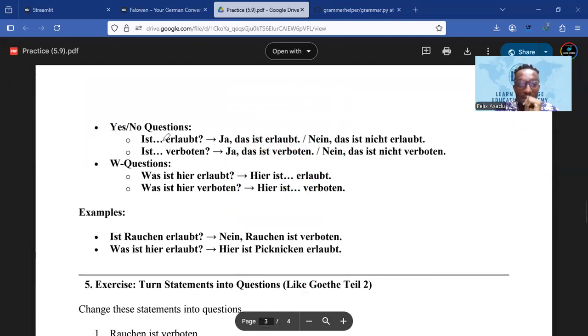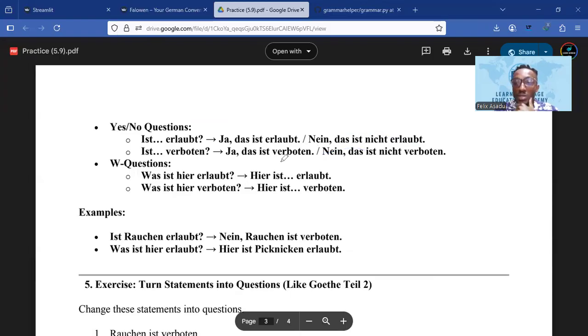You bring ist and the verb that you are talking about and bring the erlaubt. So yeah, that is erlaubt. This can be the response, or nein, that means that is not allowed. Or ist, then you bring the verb, then you bring the verboten, then you can say that yeah, that is verboten. That means that is forbidden.